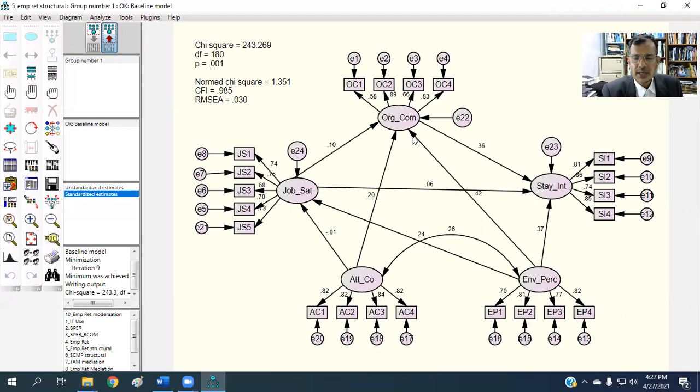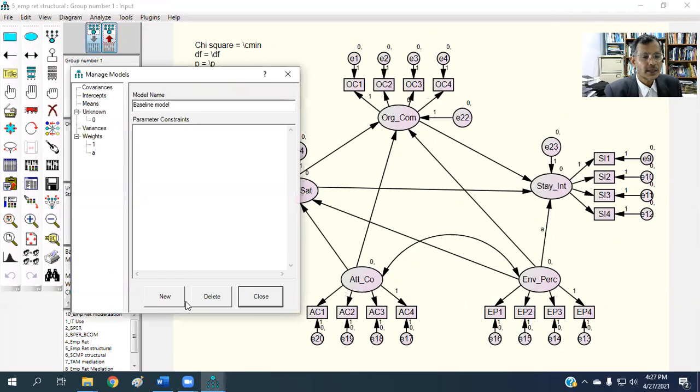Now we have to go for the second phase, where we will be analyzing on the basis of the chi-square value. Now we click understand. We have to go for the constraint model. So we click here, and then we click new, and then we develop the constraint model.